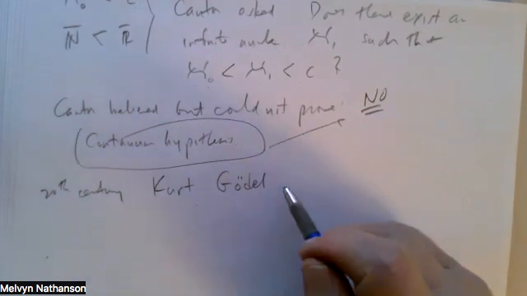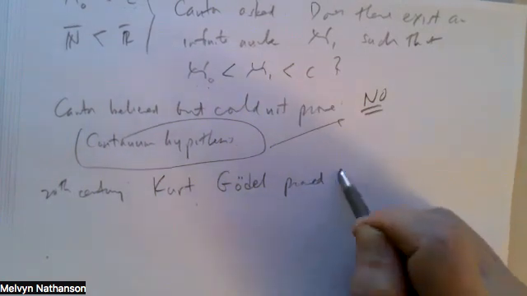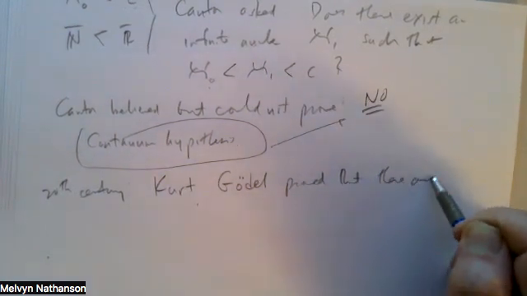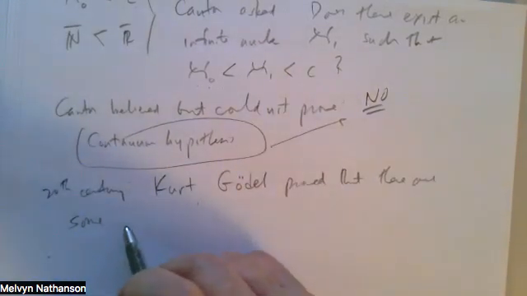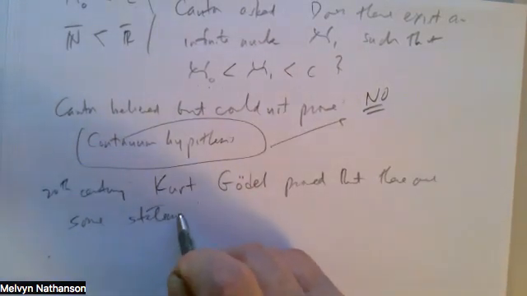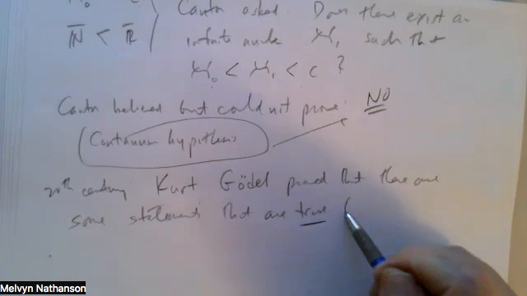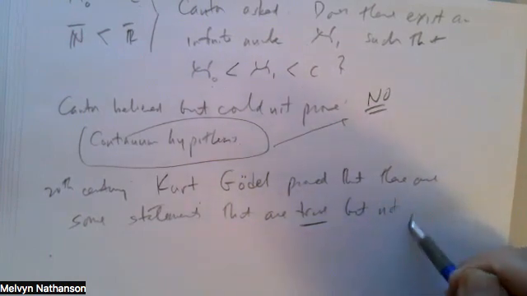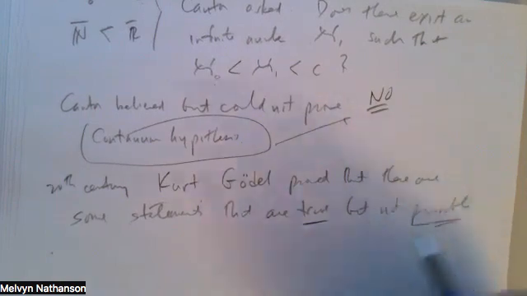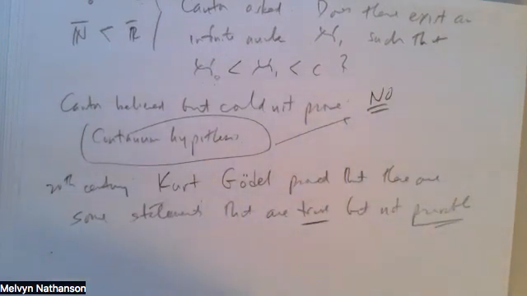Kurt Gödel proved that there are some statements in mathematics that are true but can't be proved. Now, you might ask yourself, what does it mean to say that a statement could be true but not provable? But that can be made very precise. And he proved that some statements are true but not provable.